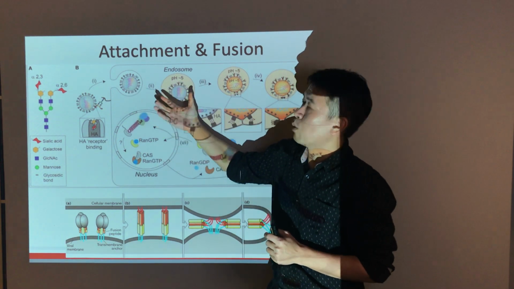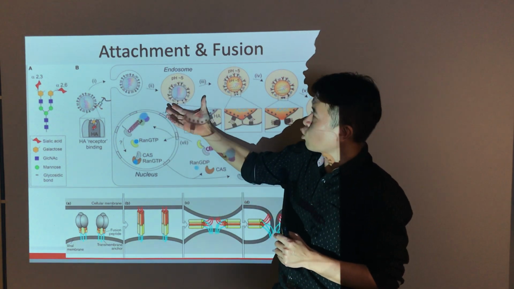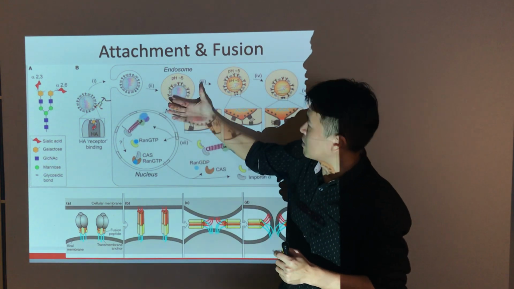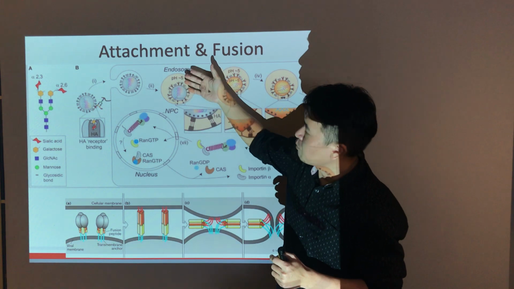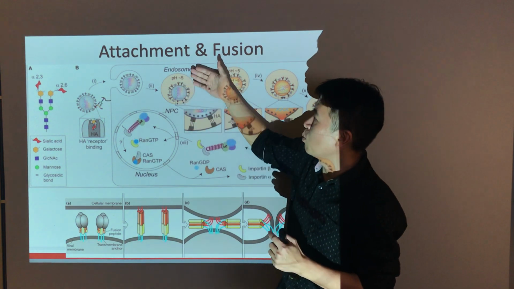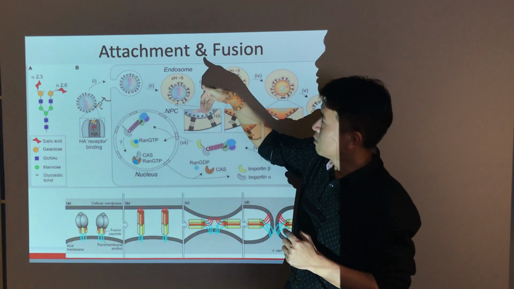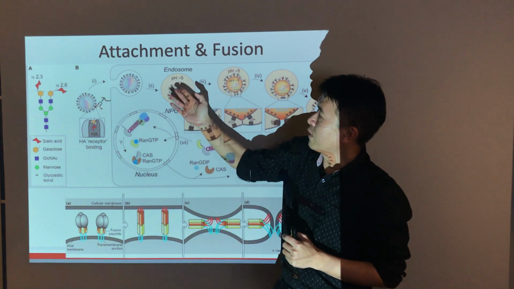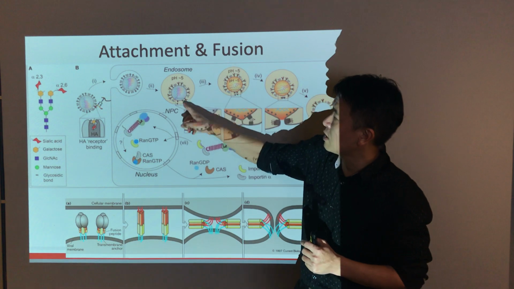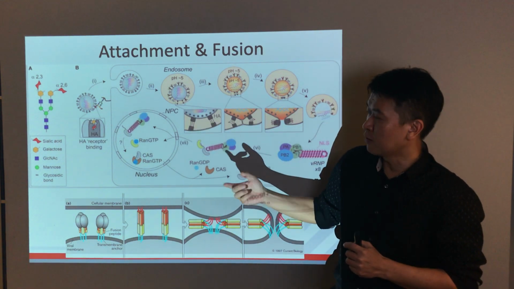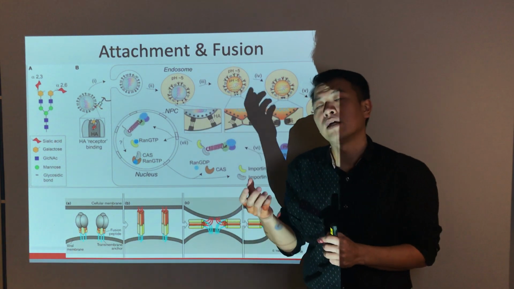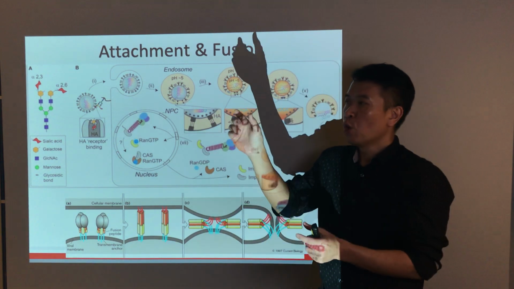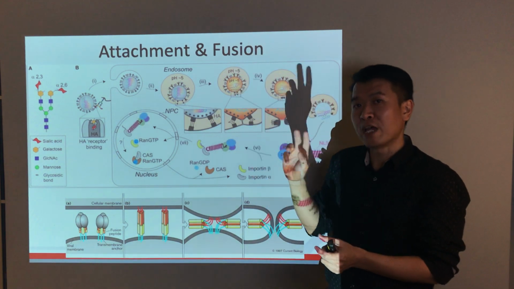When the endosome enters the cytoplasm, the pH of the endosome starts to decrease and become acidic. When this happens, it causes conformational changes of the HA protein. Remember, the HA protein is cleaved into two, where the fusion peptide is at HA2.